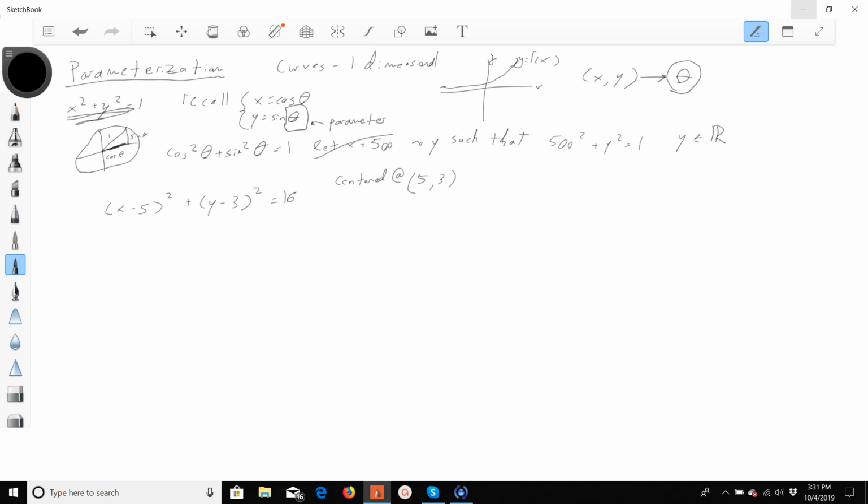In other words, the zero of these two expressions here. It has a radius of the square root of 16, or 4. Just like how this one had a radius of the square root of 1, or 1.